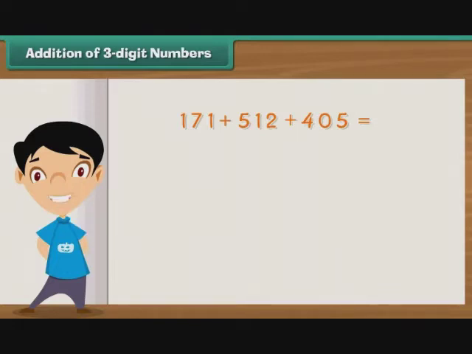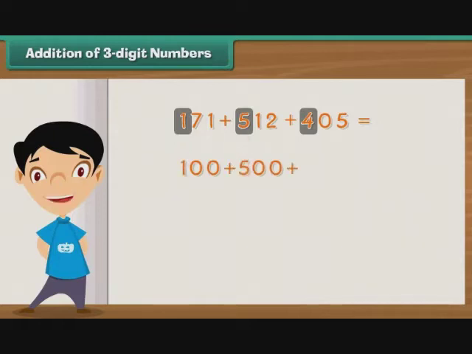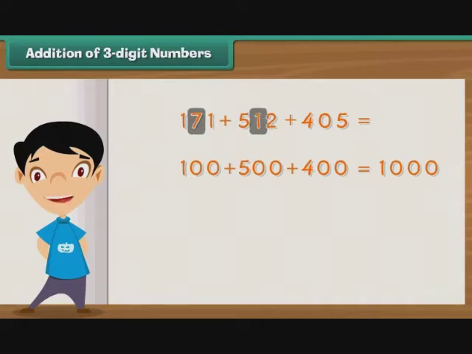Let us begin with the digits at the hundreds place, that is 1, 5 and 4. We add 100, 500 and 400. The sum is 1000.